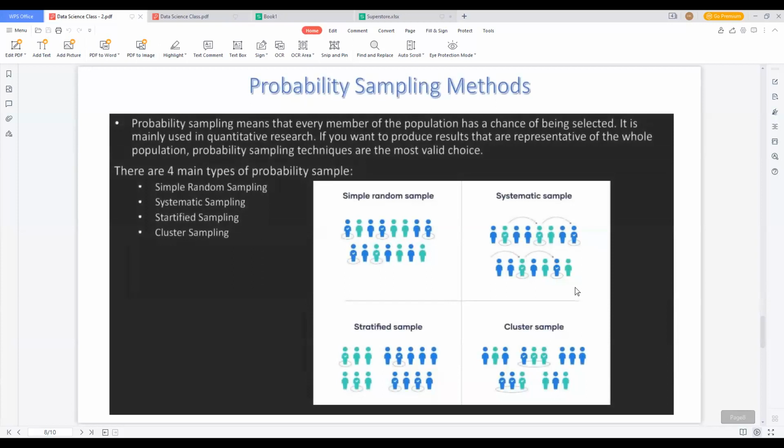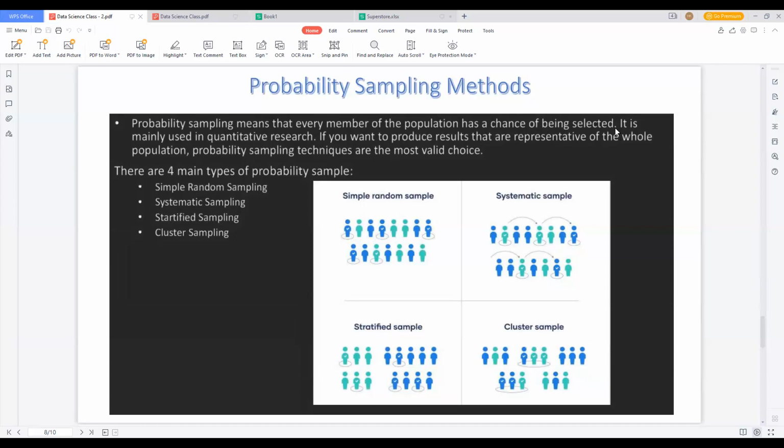So here we have the probability sampling methods. Probability sampling means that every member of the population has a chance of being selected, right? So that means when you're tossing a coin, a coin has two different sides, which are tail and head.